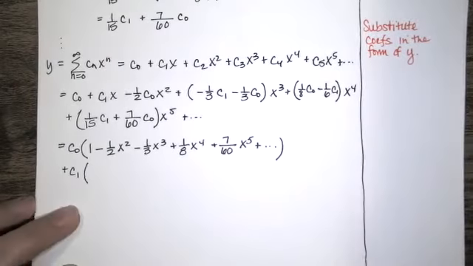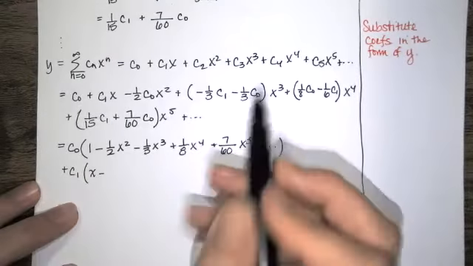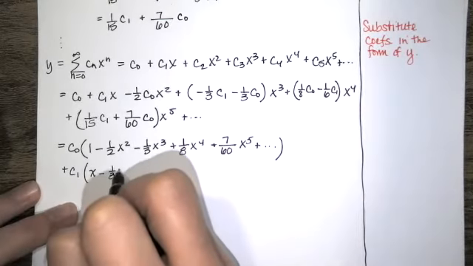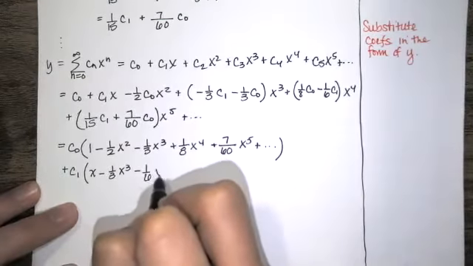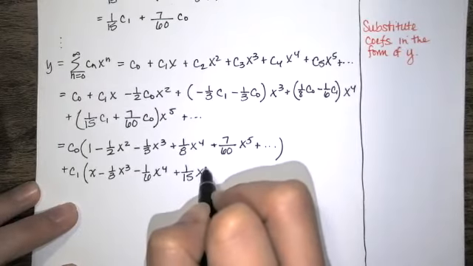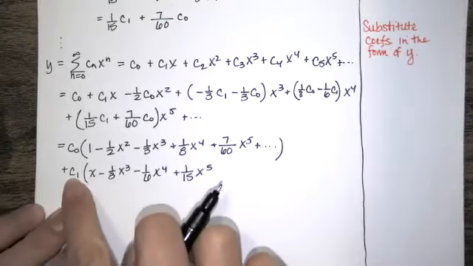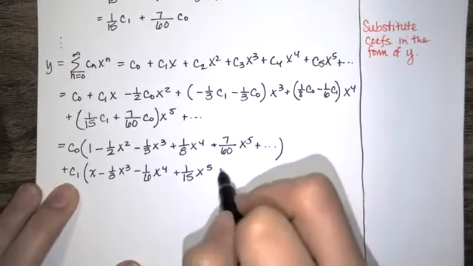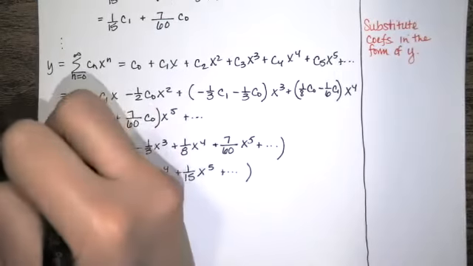And then we'll group the terms involving c sub 1. So I've got an x minus 1/3 x cubed, minus 1/6 x to the 4th, plus 1/15 x to the 5th. That's my 4th term that depended on c sub 1. So I've got 4 terms in that series, and that is our general solution.